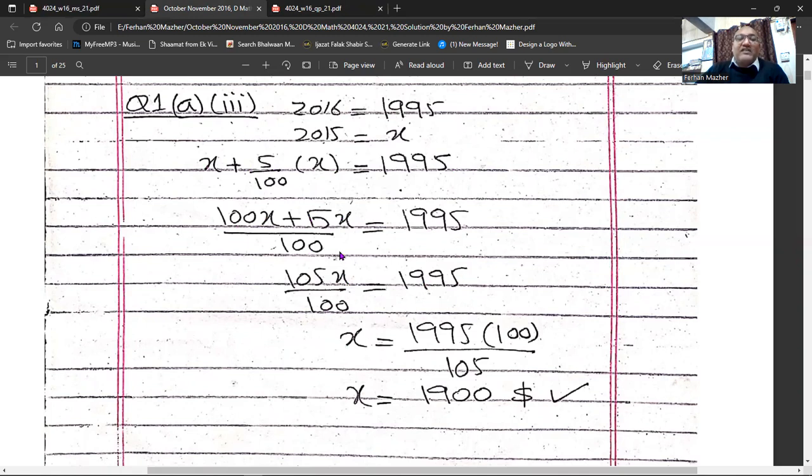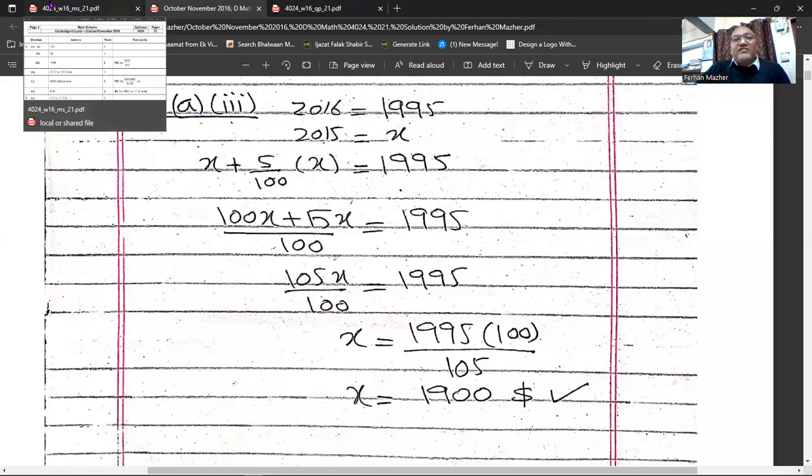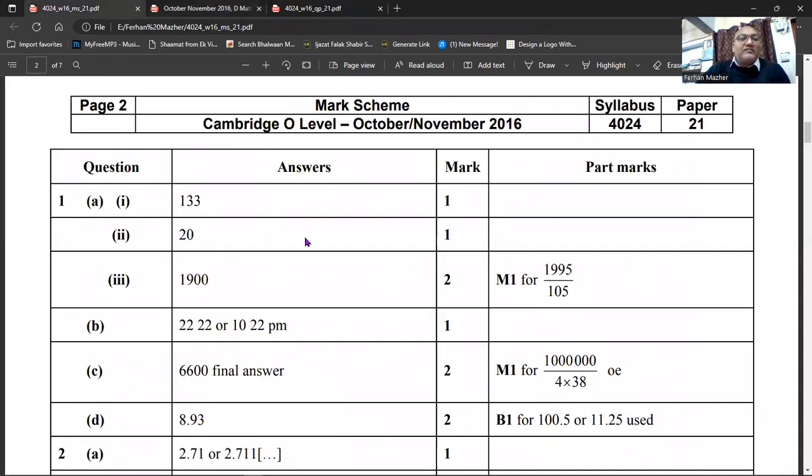So X will be, this 100 will go on the other side, it will multiply. 105 will go on the other side, it will divide. So in your calculator, you will enter 1995 multiplied by 100 divided by 105, and that will be $1,900. So the price in 2015 was $1,900. $1,900 is the right answer.